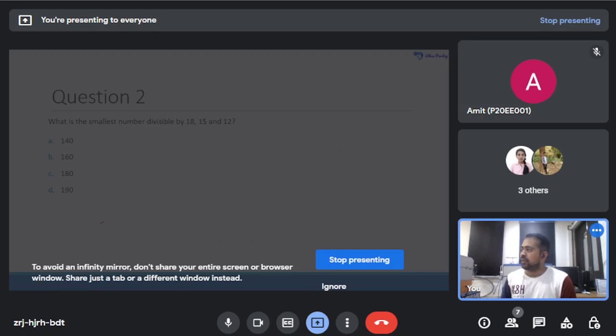Now you have to tell the answers. What is the smallest number divisible by 18, 50, and 12? Can anyone answer? Jay, can you try?